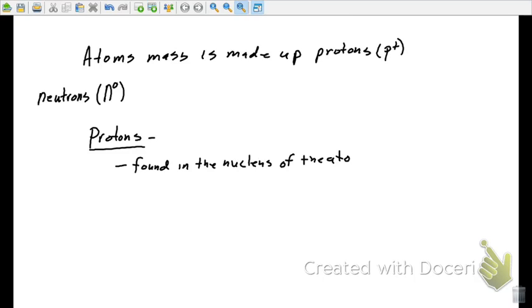We know the nucleus is the center. They have a relative charge of a positive 1. What that means, relative charge, is relative to the other particles and what their charges are. It has a relative charge of a positive 1. Okay?